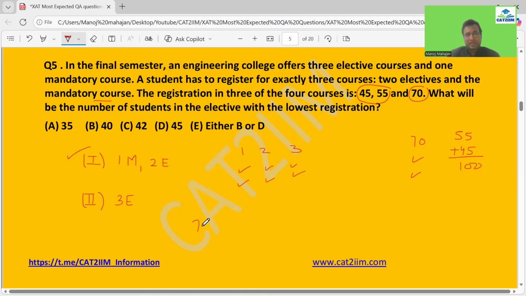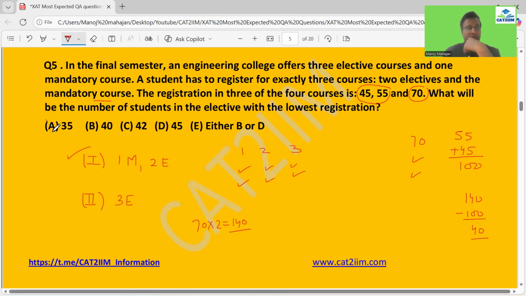So this number makes what, 70 into 2? 140, right? So 140 registrations we need. So already we had 100 registrations out here, 45 and 55. So how many are left out? If I look over here, for the third elective we can calculate that it should have been 40. So one thing is very sure that one of the answers for the lowest registration should be 40.